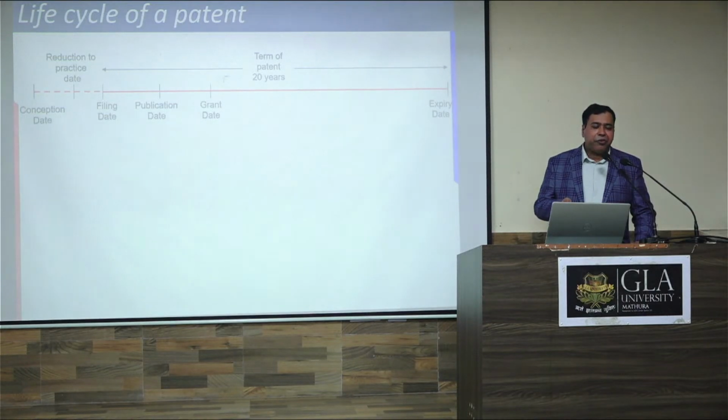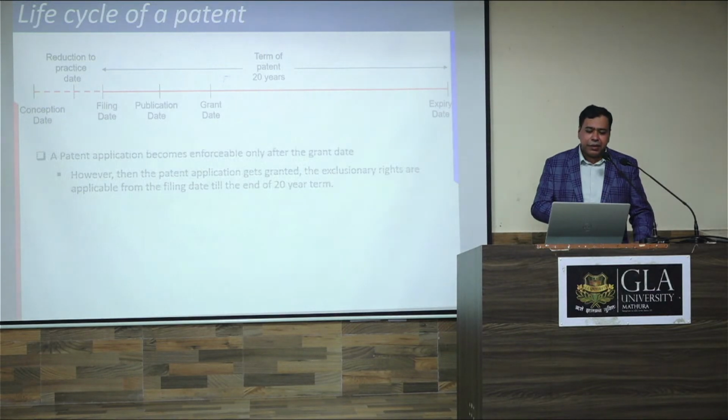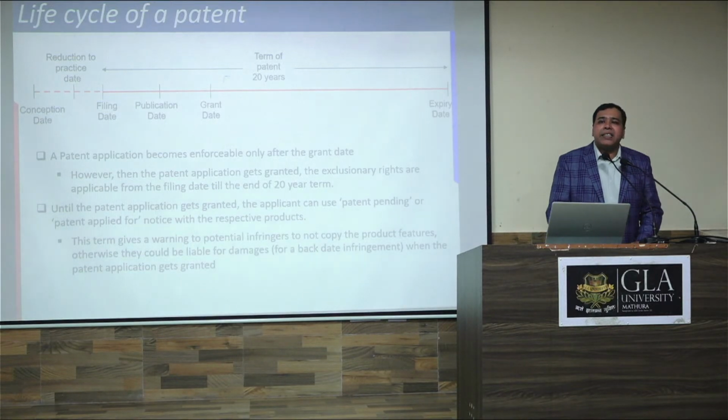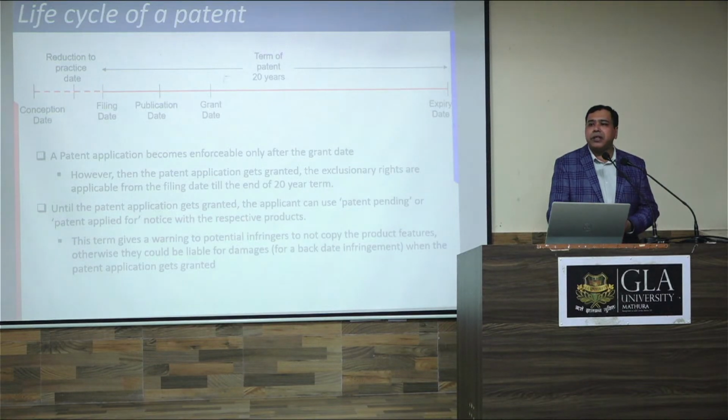From the perspective of timelines, as I said, the term of a patent is 20 years from the day the application gets filed. So the term is 20 years, and publication roughly takes place in 18 months. The rights associated with a patent only start after the grant of the patent. If you file a patent today, you don't have the legal rights corresponding to that invention.